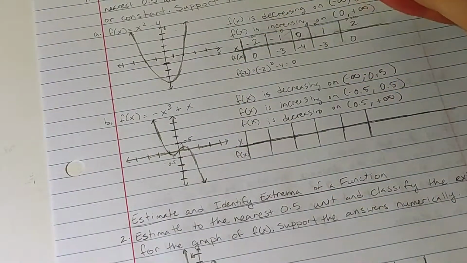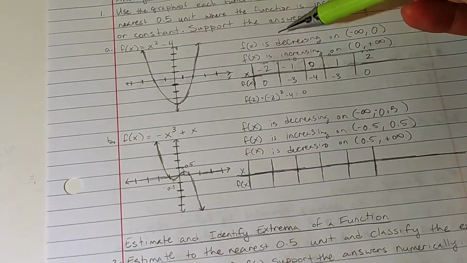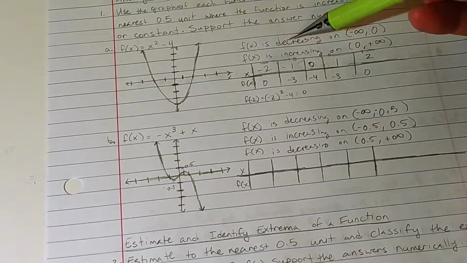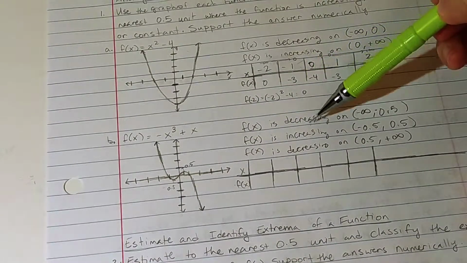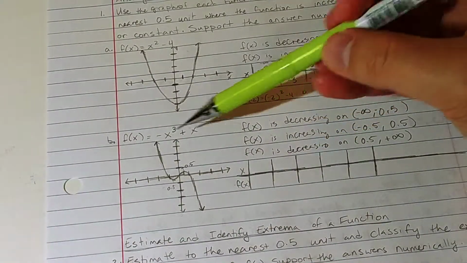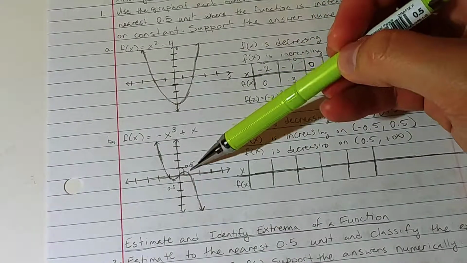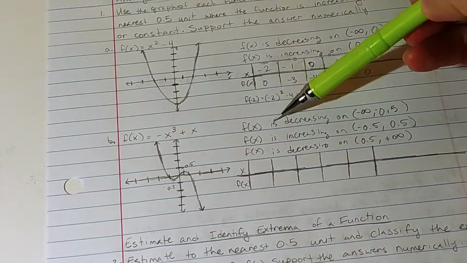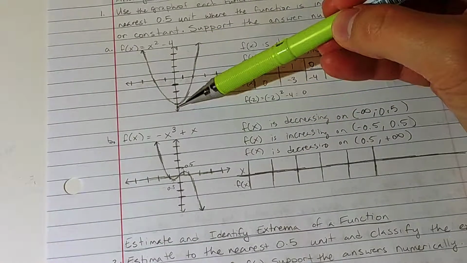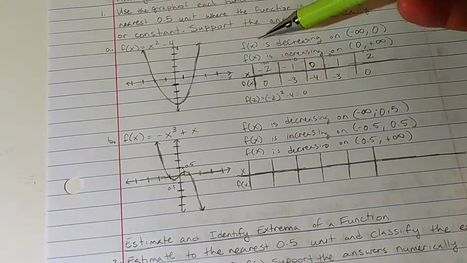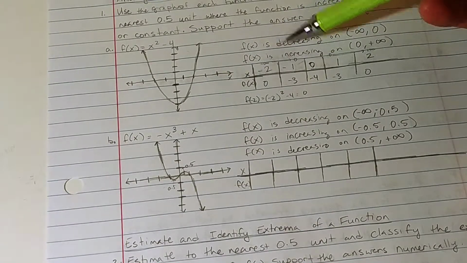Alright, and notice how in the previous problem we had two, one decreasing and one increasing. Here we have three, decreasing, increasing, and then decreasing again. And that's because we have these two extremas here. Here we have one extrema, so we're going to have two.